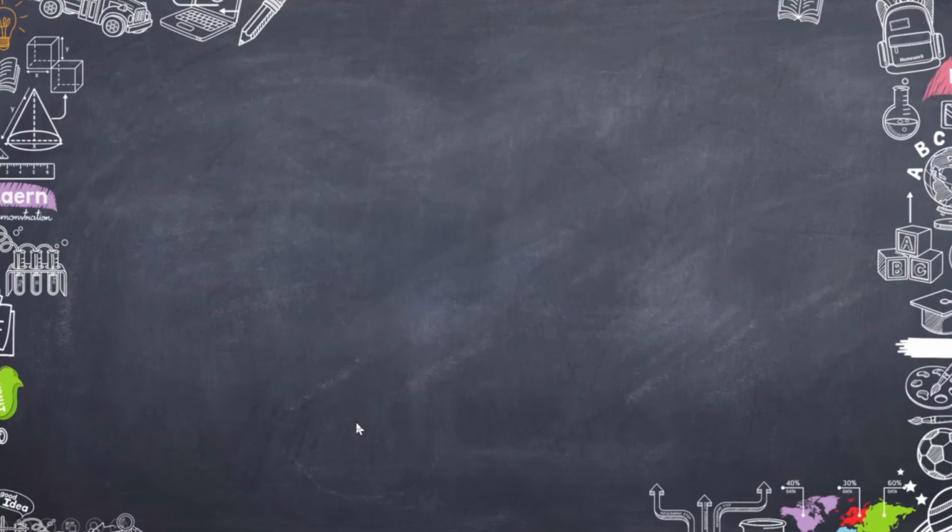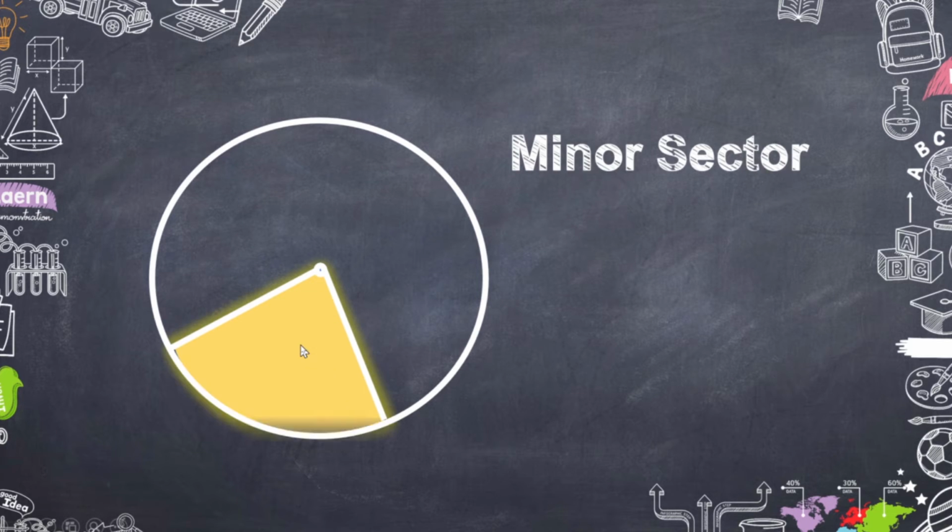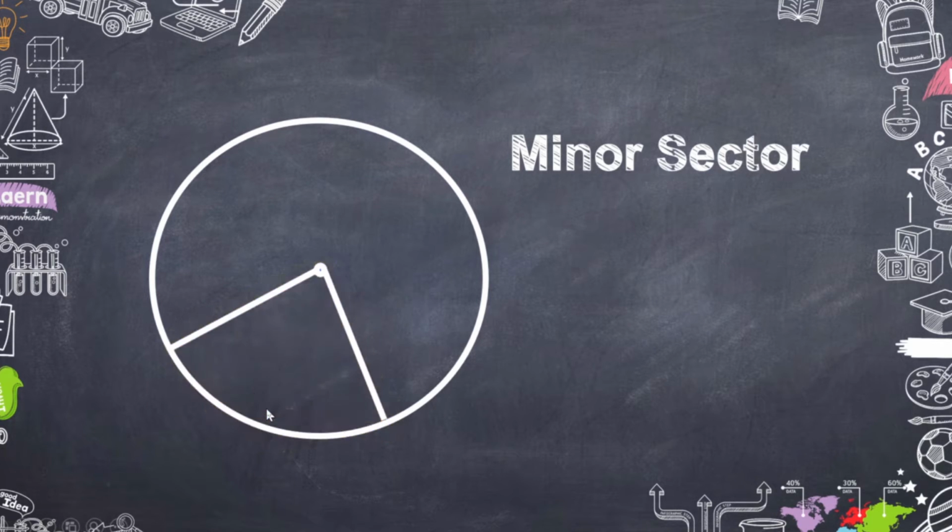Alright, next, draw two radii, and this area we call the minor sector, and from this point to this point, we call this the minor arc.